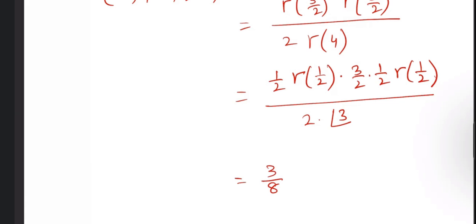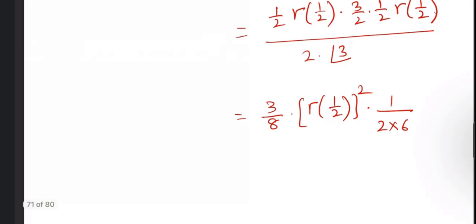3 by 8 into gamma of 1 by 2 whole square, divided by 2 into factorial 3, which is 6. Gamma of 1 by 2 value is root pi.